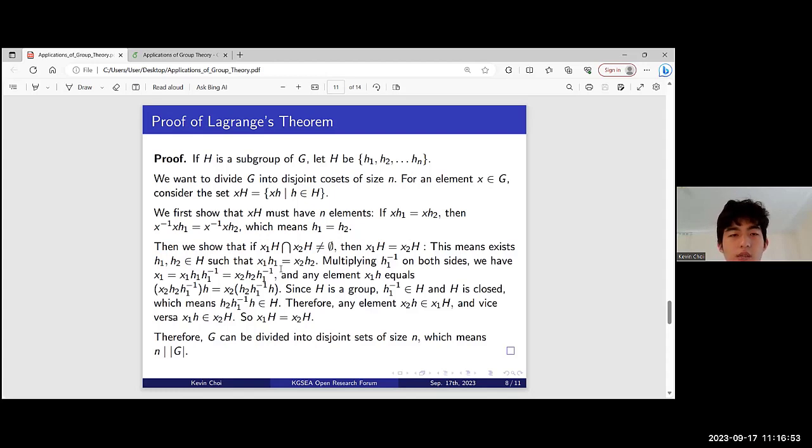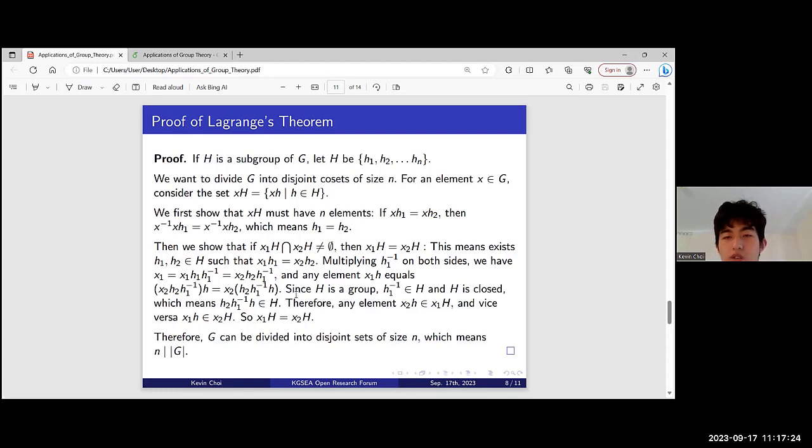This means that there exist h1 and h2 in the subgroup H such that x1h1 equals x2h2. And as explained above, we multiply h1 inverse on both sides. And here we have x1 equals x2h2 h1 inverse, and this makes any element of x1H equal to this.